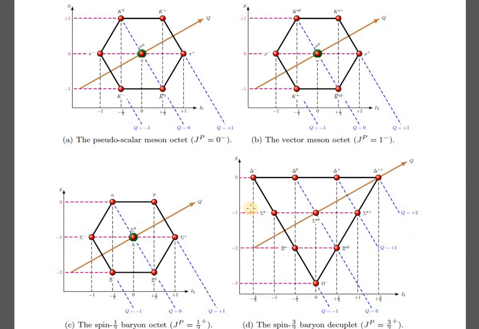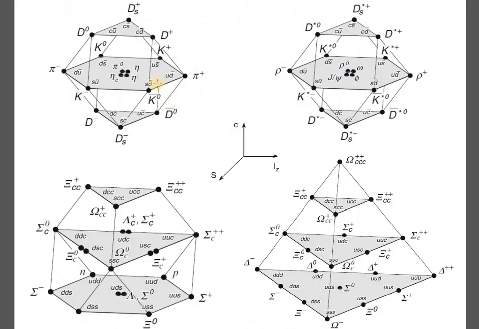So you see 2D, 3D, 2D, 3D, and these are the values with different charm quantum numbers, and this is the pyramidal structure. This is the C axis, this is the IZ and S axis. So we have SU2 over here, SU3 over here, and now we have SU4.